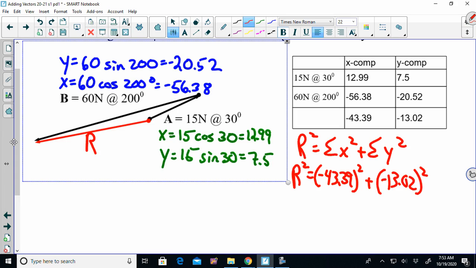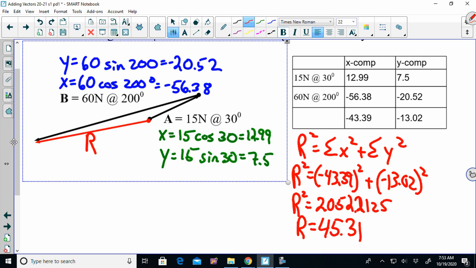So I get negative 43.39 squared plus 13.02 squared gives me r squared equal to 2052.2125. So I'm going to take the square root of that and get a magnitude of 45.31.